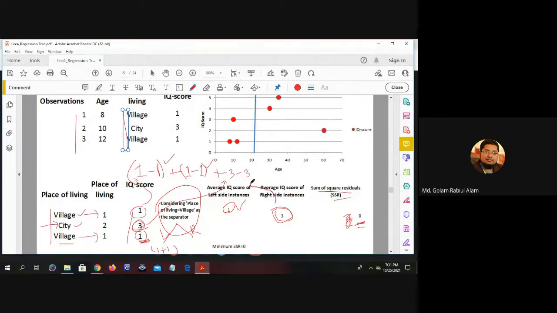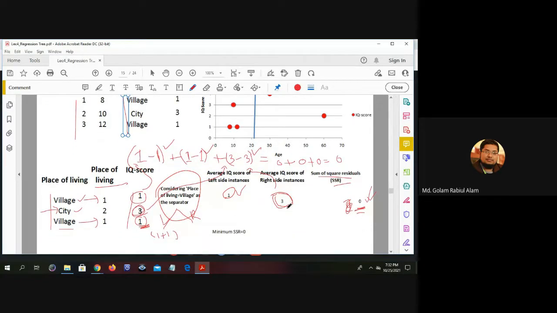So you can see that there is no difference. 1 minus 1 is 0, the square of 0 is 0. 1 minus 1 is 0, the square of 0 is 0, and 3 minus 3 is also 0, the square of 0. So that means here it is 0. So for the case of the place of living, it is 0.